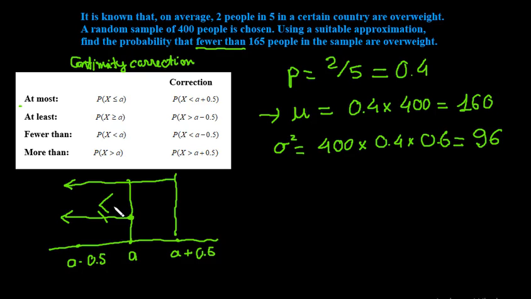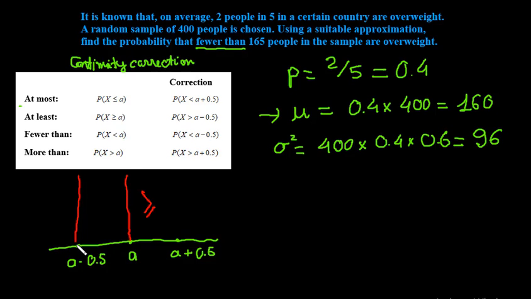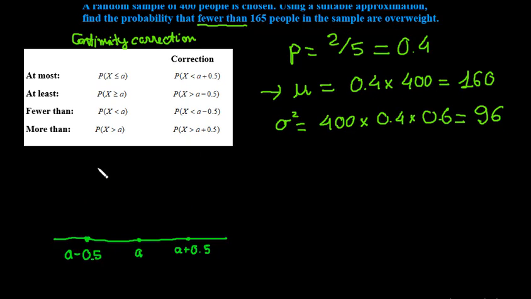The next one, at least. For at least, it means something greater than or equal to a. My correction is x greater than a minus 0.5, so I can ensure all of my values will be greater than or equal to a.